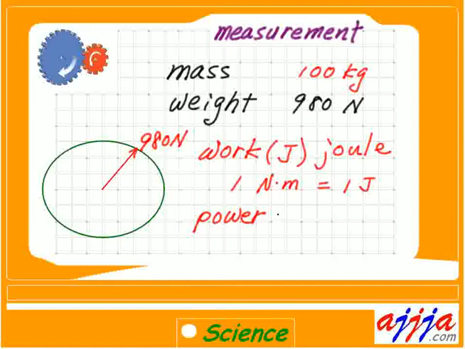Somebody can do this within 1 second or 2 seconds, whatever. That's why power is the watt, W-A-T-T. In this case, watt, which is power, equals joules divided by how many seconds.